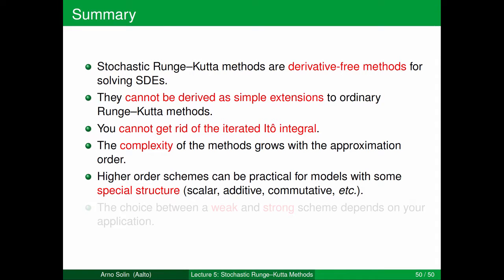Higher order schemes can be practical for models with some special structure, meaning scalar, additive, commutative noise, etc. In those cases, you can throw away some terms and still be left with a higher order method, which can be used with a quite long step size in some cases.